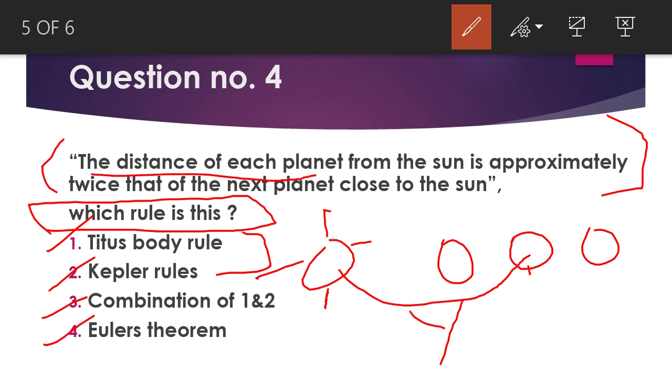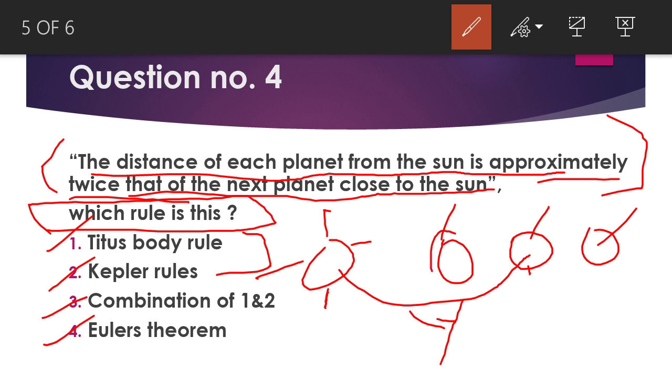Okay, the distance of each planet from the sun is approximately twice that of the next planet close to the sun. Next planet which is close to the sun. So it has two next planets, this and this one, but this is the one close towards the sun, so that means we are talking about this planet.